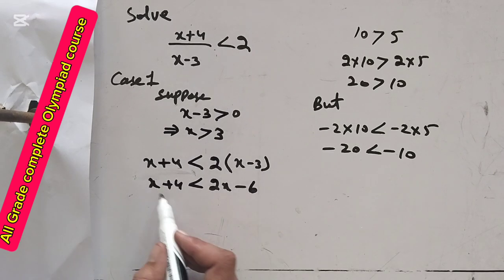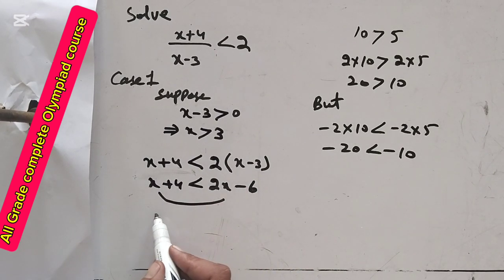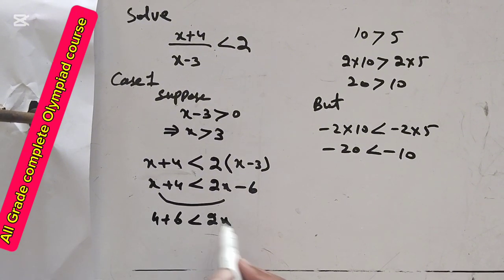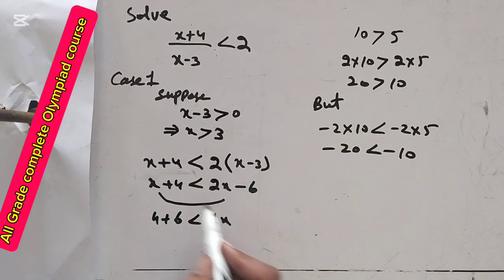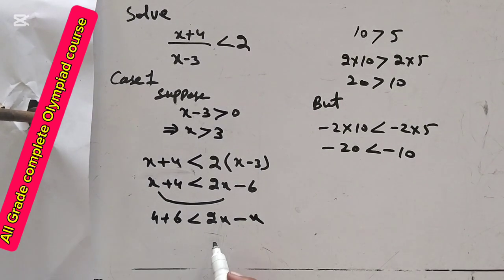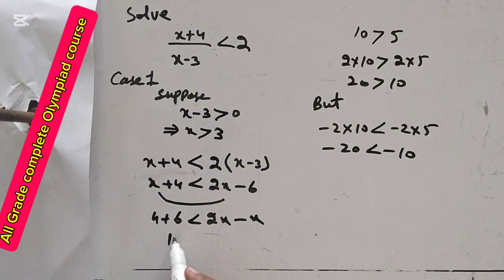Now we solve. We bring this x to this side and this 6 to this side. 4 plus 6 is less than 2x - x. When x goes to the right side, it becomes negative. 6 and 4, 10.